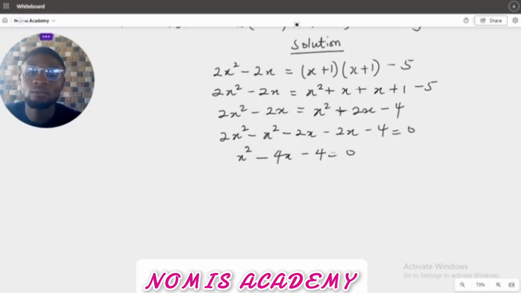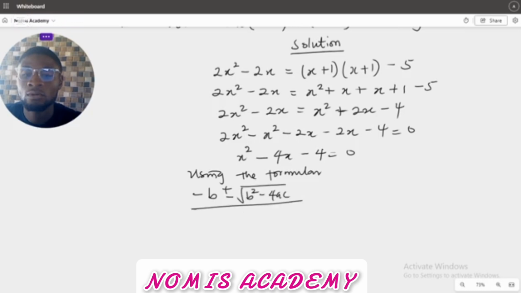So using the almighty formula, that says that minus b plus or minus the square root of b squared minus 4ac, all over 2a, is equal to x.